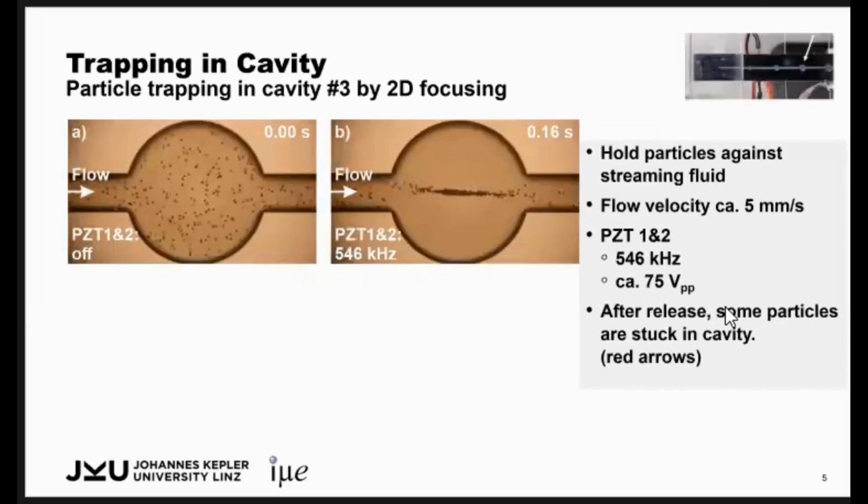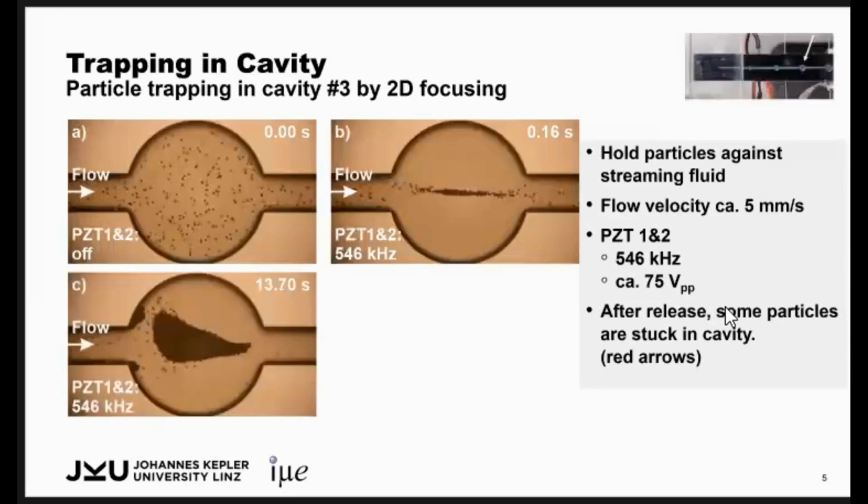Then when we turn on the transducers, we have particle focusing inside this cavity. It only takes like 160 milliseconds. And we activate both transducers at 540 kilohertz. And we continue with the flow, and we collect all the particles. So we trap the particles and collect them all in the cavity.